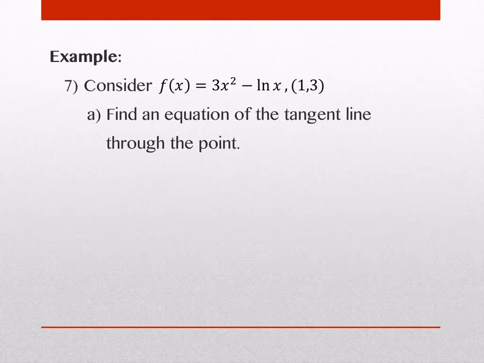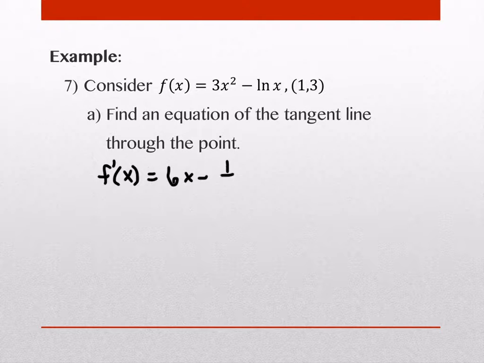So somebody tell me what you would get for the derivative of 3x squared minus the natural log of x. -1 over x. Okay, just a sec. All right, so what is the derivative of this one? 6x minus 1 over x.